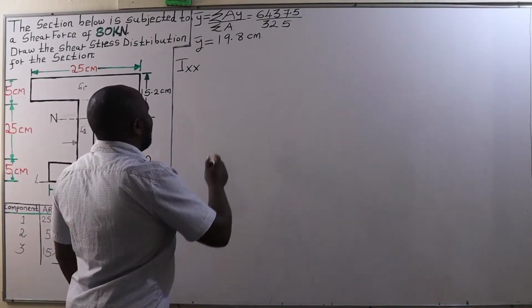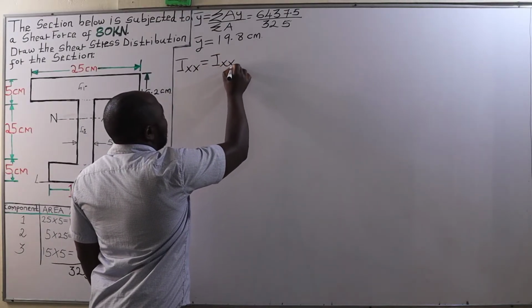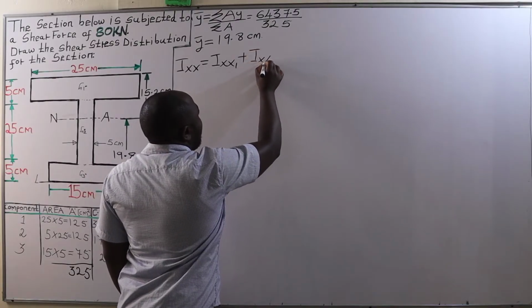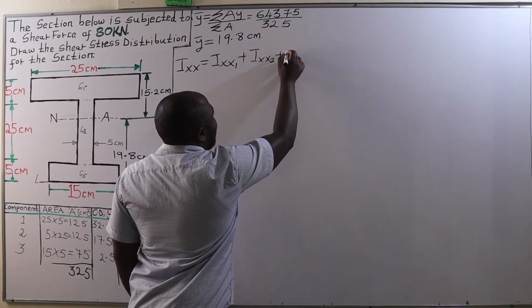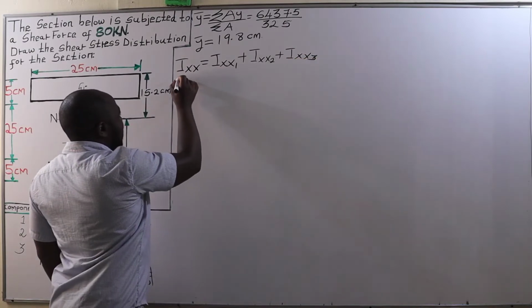Therefore, Ixx will be given by Ixx1 plus Ixx2 plus Ixx3.